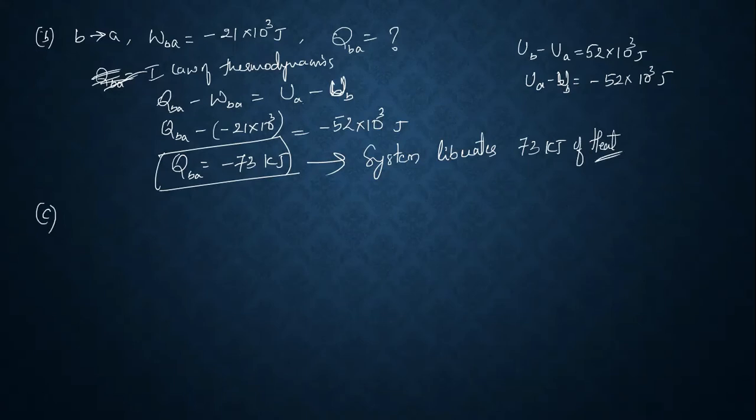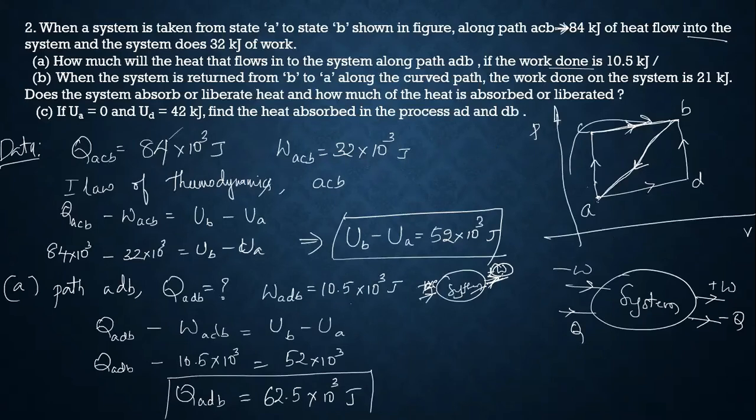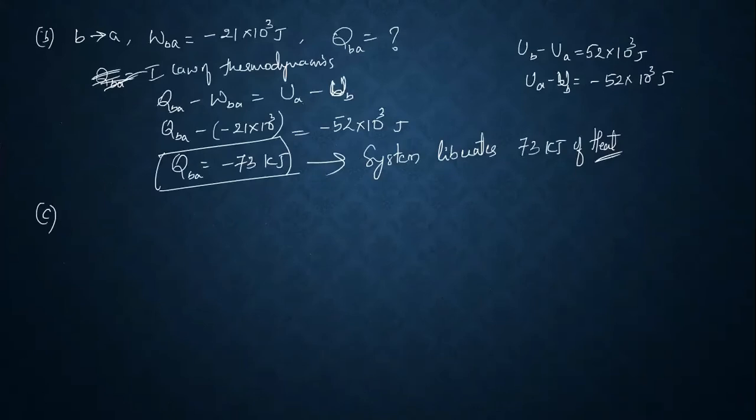Next, C. What is C? If U_A is equal to 0, U_D is 42 kilojoules.